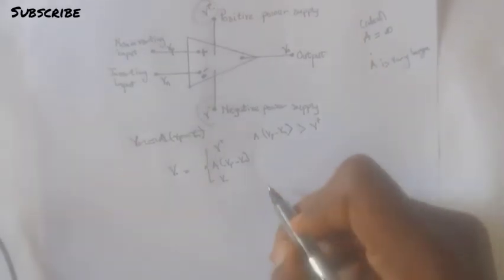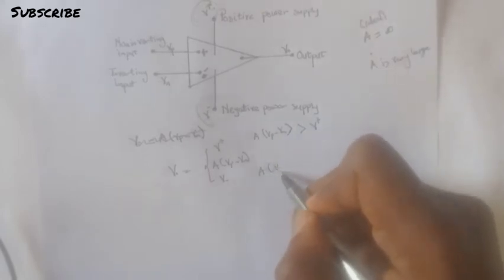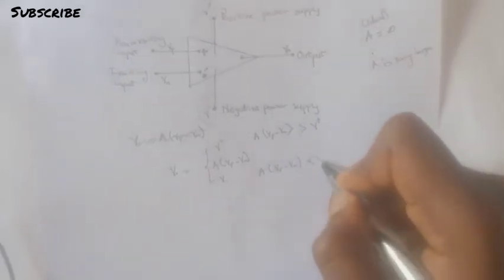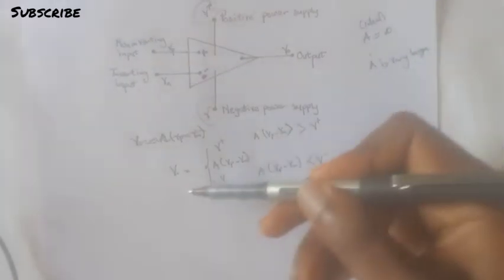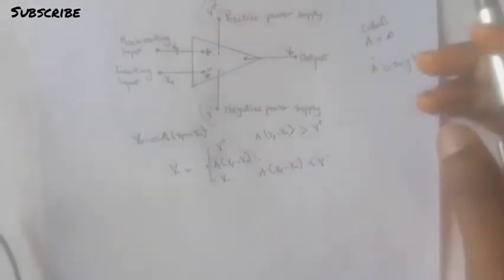And in a situation where A into Vp minus Vn is less than V minus, that is when V0 is equal to V minus. But when the output is in between these two numbers, then the output takes the value of A into Vp minus Vn.